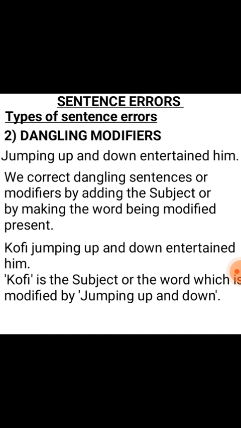So we correct dangling sentences or modifiers by adding the subject or by making the word being present. So here, the absent words must be placed there. The word that has made the sentence dangling must be present.